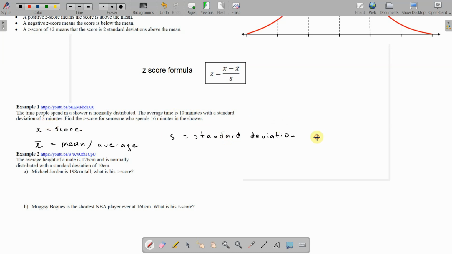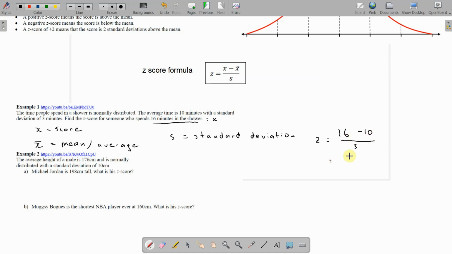So let's do this. Z equals the original score. Well, let's see. This person spends 16 minutes in the shower. That's our X. So I'll put 16 here. 16 first. That's their score. That's how long they spent in the shower. Then we subtract from that the mean, which it says here the average time is 10, over the standard deviation, which is 3.